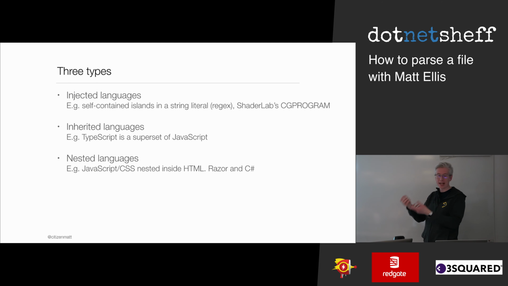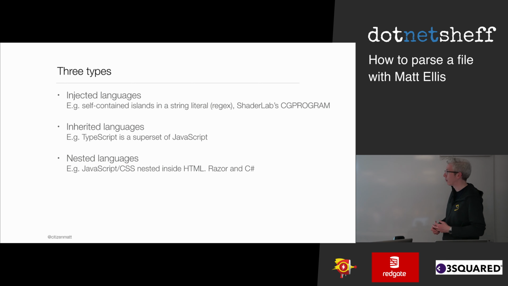But then I can inject a language and say, well, put another parser inside that block, parse that, and build a new tree based purely on that code there. We can do a similar thing in ReSharper with things like syntax highlighting regular expressions in a string literal, which is cool. That can then build features on top of that and give you code completion and syntax highlighting and error highlighting inside string literals.